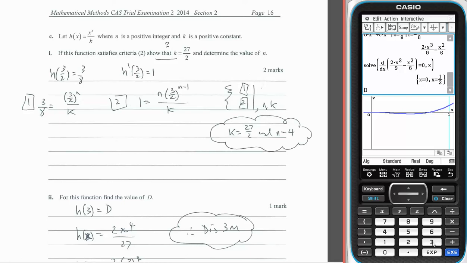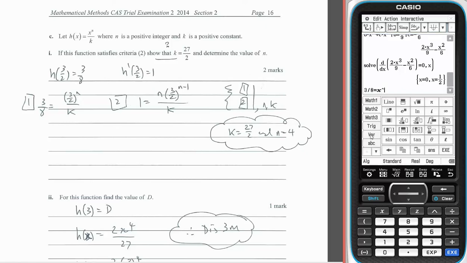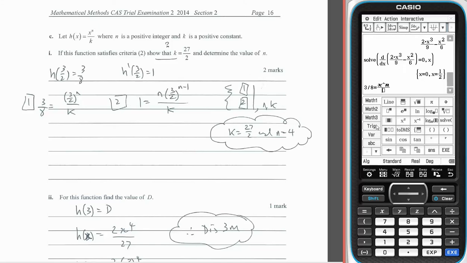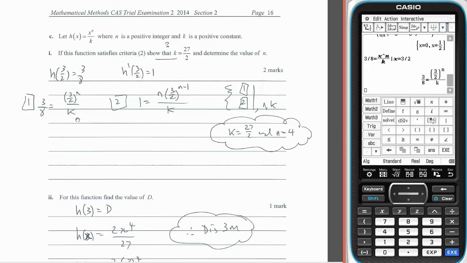So I've got 3 divided by 8 equals x to the power of n over k, when x equals 3 on 2.